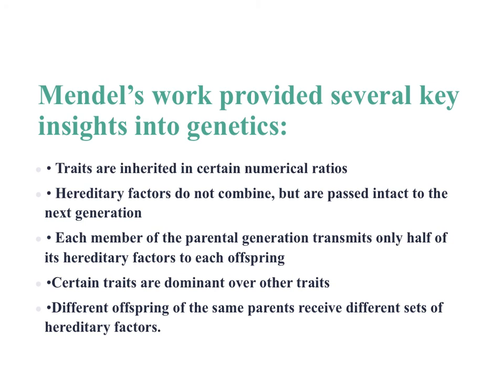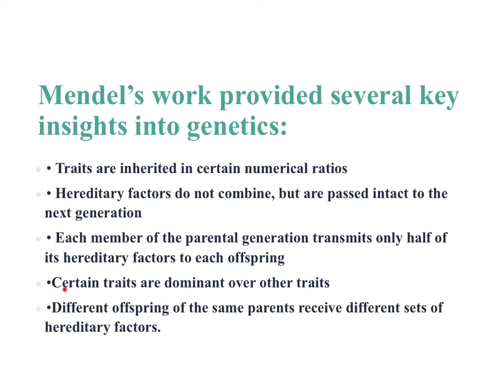All right, so let's come back to Mendel. So Mendel's work provided some key insights into genetics. So some things we learned from Mendel are traits are inherited in certain numerical ratios. We learned that heredity factors do not combine, but they are passed intact to the next generation. So that means like there's no blending. Each member of the parental generation transmits only half of its hereditary factors to each offspring.